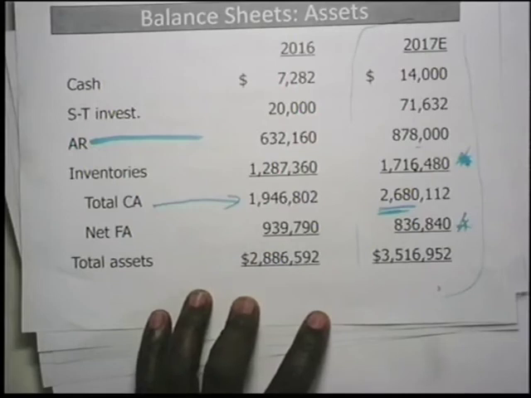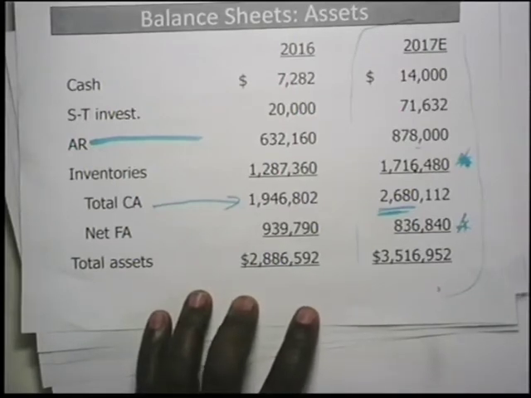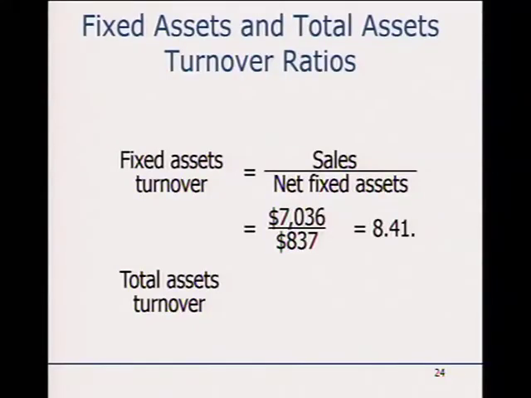And our sales figure, we know already, we get it from the income statement. Then we divide, and you get 8.41. Looked at per se, that ratio doesn't mean anything. It will make sense when you are comparing it with the industry and the other years you have been in business. So let's look at the other asset ratio as well, the total assets turnover ratio.